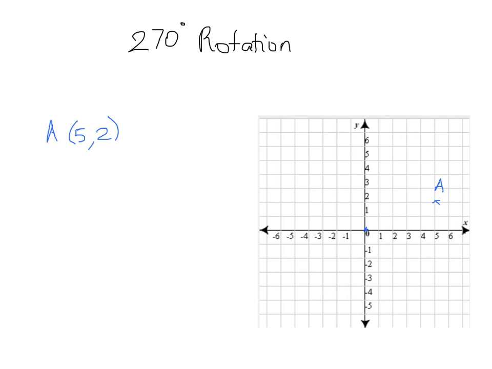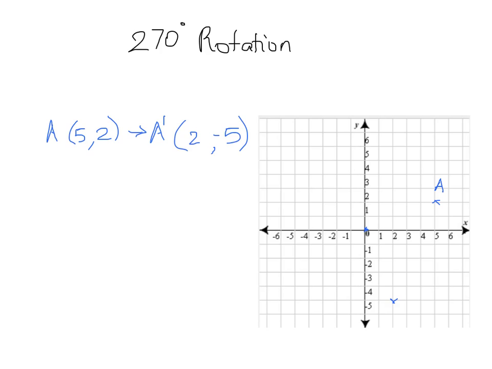We're going to switch the order like we did for 90 degrees, but we're going to change the sign of the X, which means that here is what we are going to get. (2, 5), but the X becomes negative. So our new point will be (2, -5), so down here.